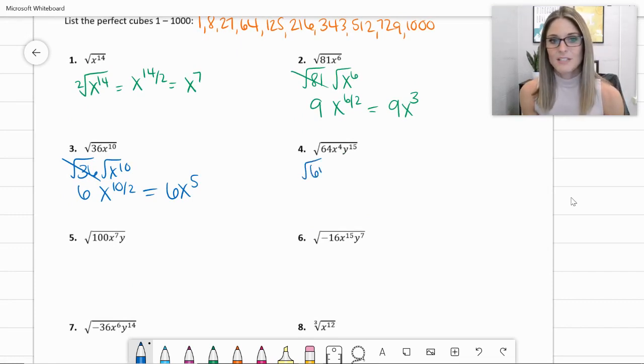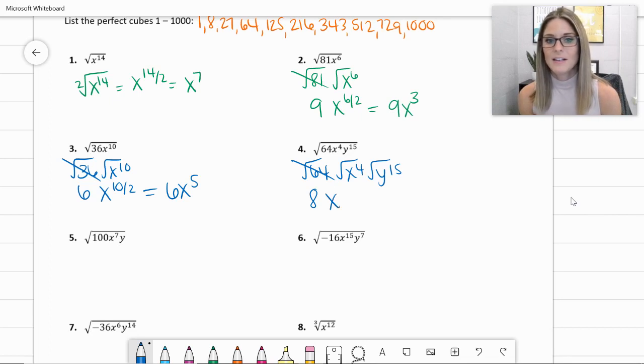Number 4 has 3 things in that radical. We've got the square root of 64, the square root of x to the 4th, and the square root of y to the 15th. So the square root of 64 is 8. Let's rewrite it as rational exponents, because this is the way you'll see it on your Delta Math practice for this week. The square root of x to the 4th as x to the 4 over 2, and y raised to the 15 over 2.